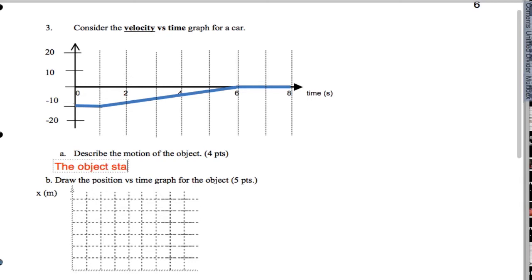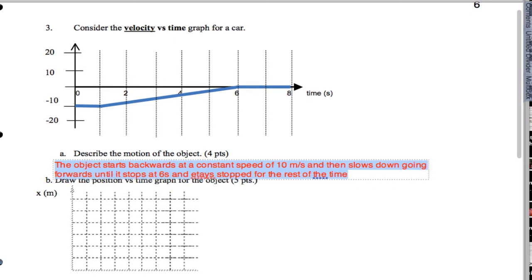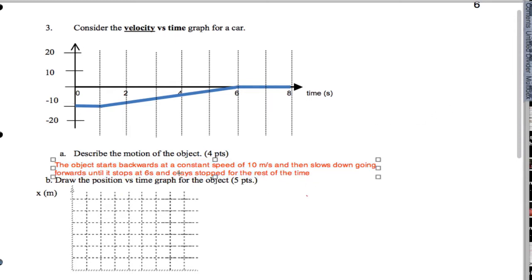The object starts going backwards at a constant speed of 10 meters per second, and then slows down going forwards until it stops at 6 seconds and stays stopped for the rest of the trip. And just to make sure this is legible, there we go, like that.